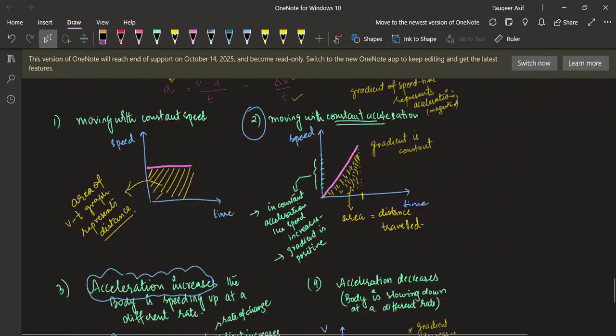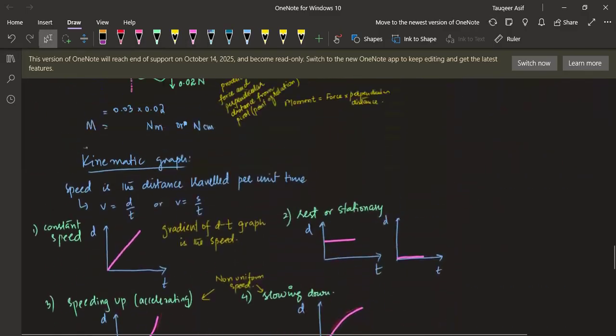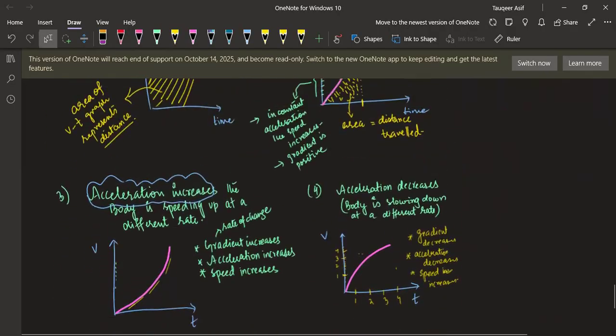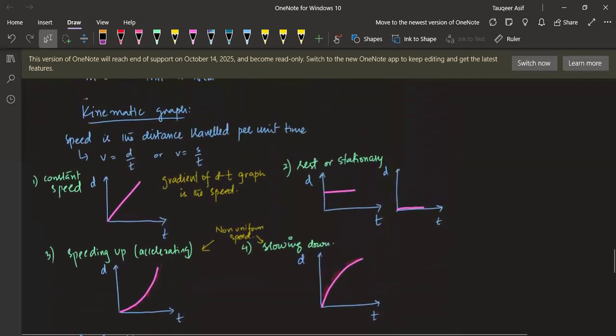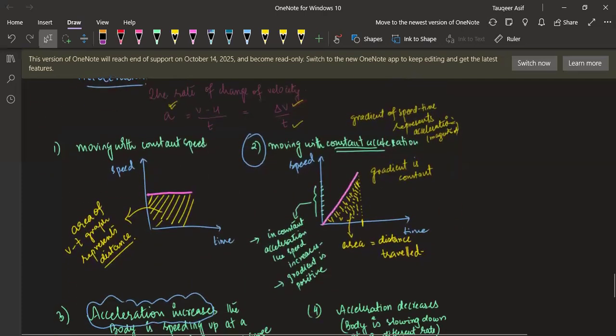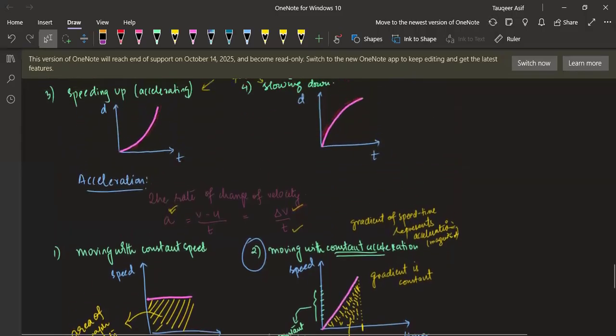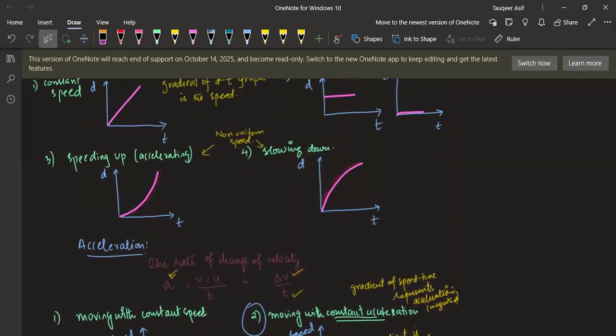All right. So altogether, we have discussed four graphs of speed time and four graphs of distance time. And in the distance time graph, when we say the speed is increasing, this is how the graph will be drawn.